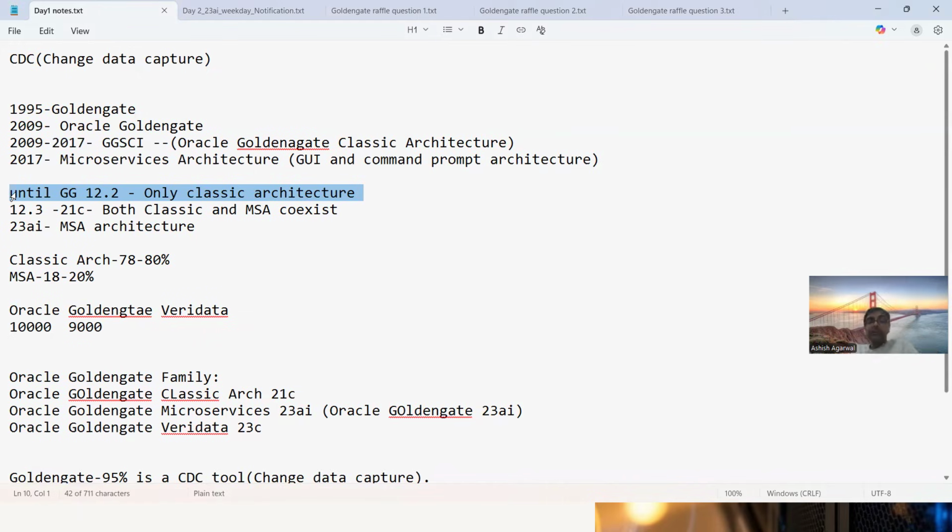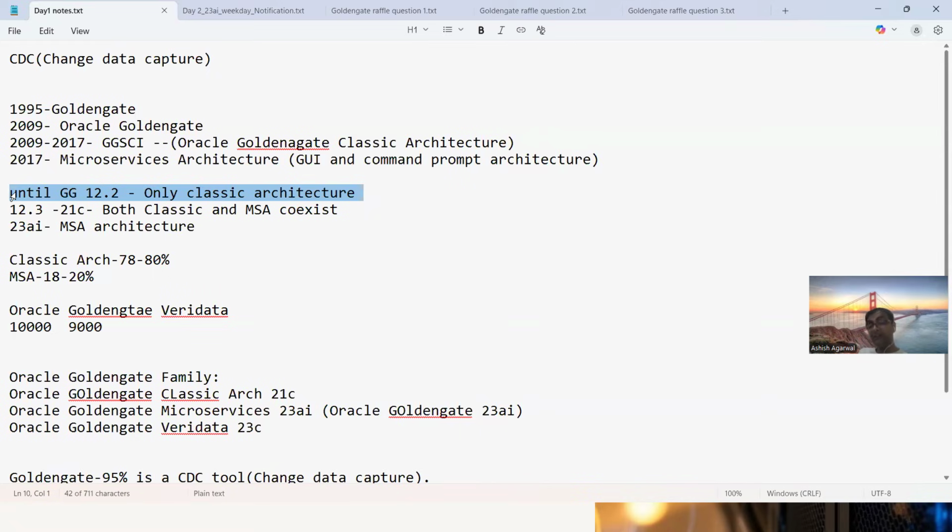Though database and GoldenGate versions may look the same number-wise, they are not the same. From 12.3 to 21c, both classic and microservices architecture coexisted. So you can pick and choose what type of architecture you want to implement, of course, if it is supported. And then from 23ai onwards, it's only microservices architecture. Classic architecture has been deprecated.